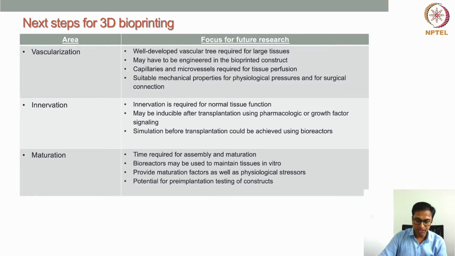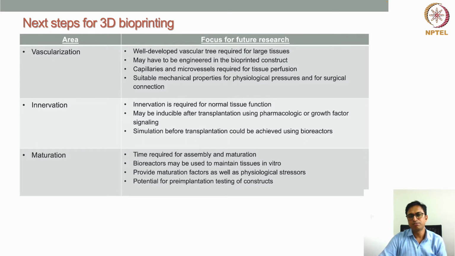Bioprinting of vascularized tissue constructs is the focus of future research, and that can take bioprinting to the next level, because unless we can address the supply of nutrients and oxygen to each and every cell present in the bioprinted construct, the construct cannot be sustained or mature, and ultimately the cells will die.